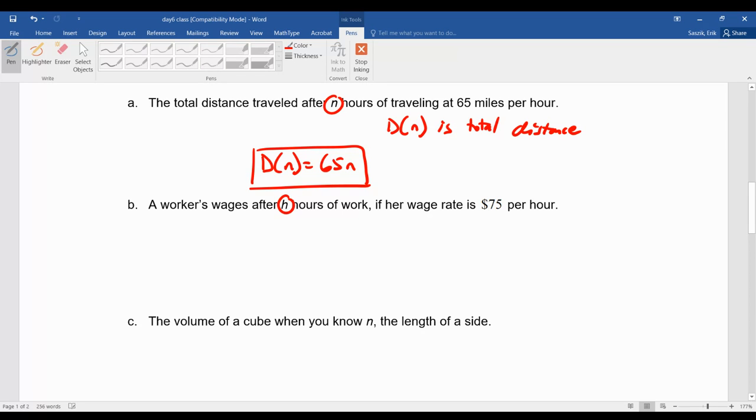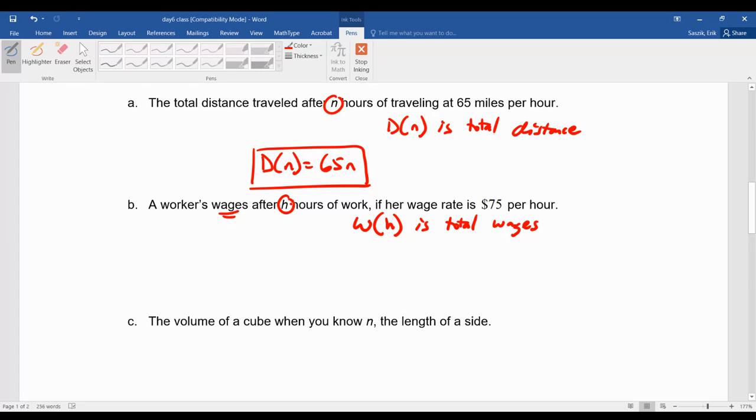This one here is already, h is hours, number of hours. We're asked to write something for wages. So this is going to be W of H is total wages.